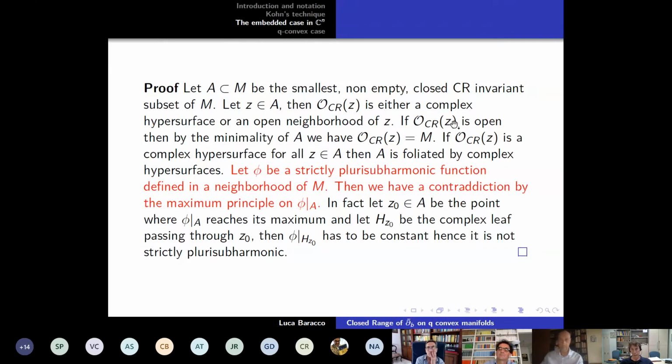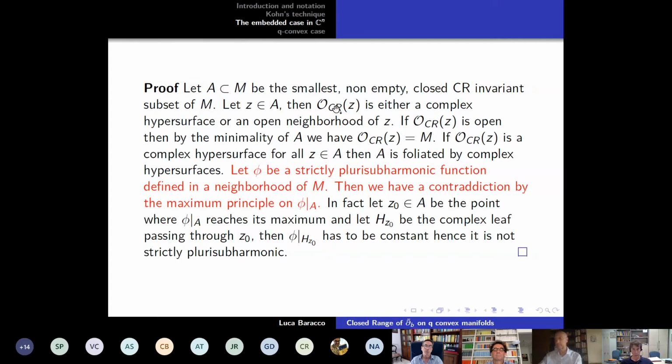If the orbit is open, then by the minimality of A, in the sense of set inclusion, the orbit must coincide with M. You just consider A minus the orbit, you get again a closed CR invariant subset, and since A is minimal, it must be empty.